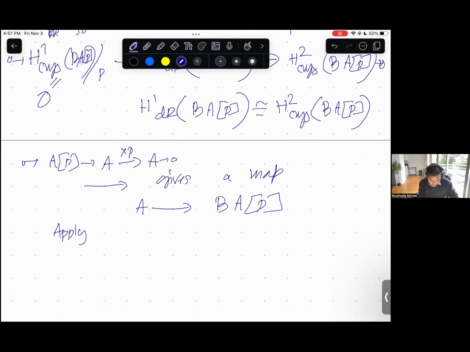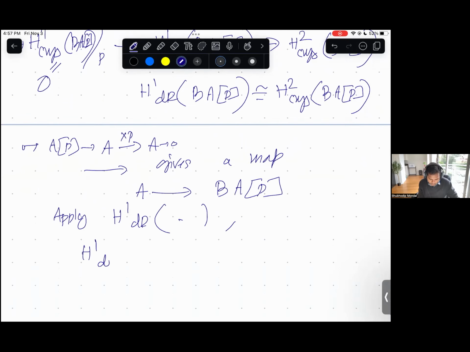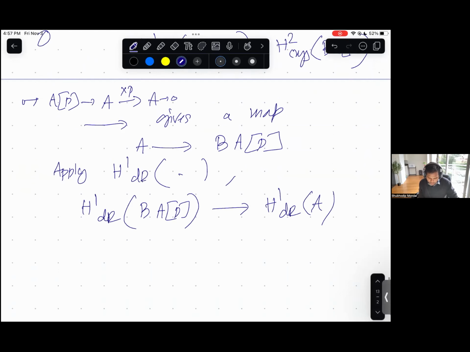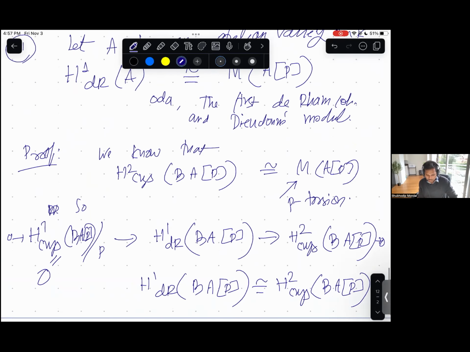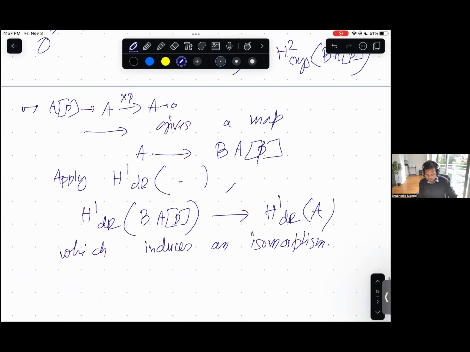Now we can apply H^1 de Rham to this, and we get a map, which is something one has to check, but let me just write, which induces. So I think it allows one to write down these maps as maps being induced from some geometric maps.